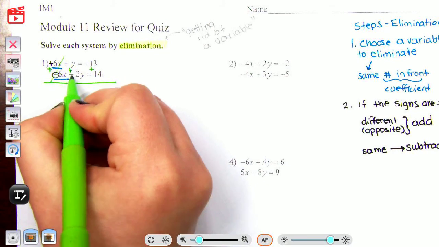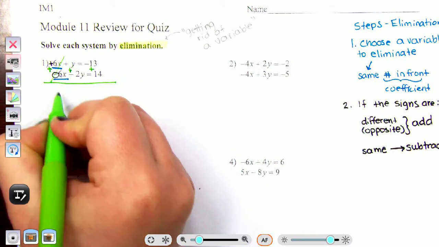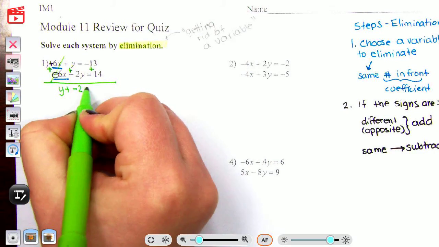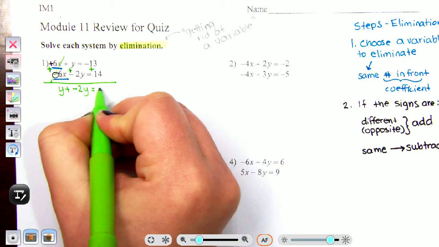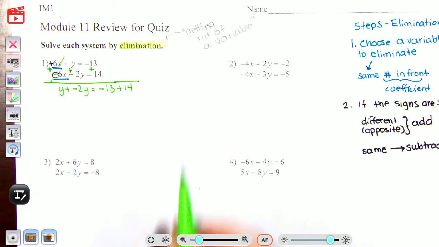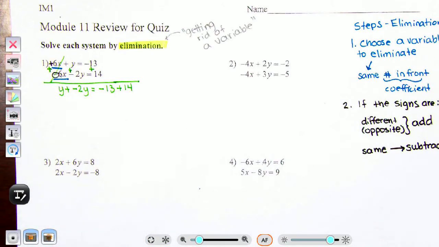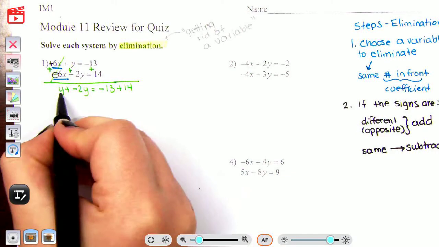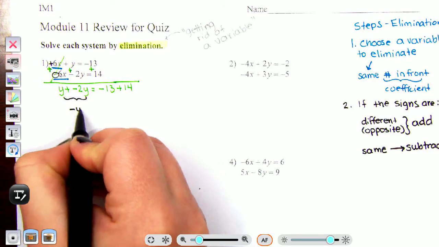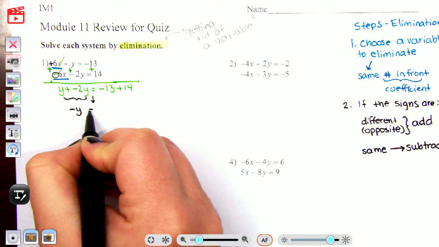Y plus negative 2y, I'm actually going to write that out. Y plus negative 2y. And here I have negative 13 plus 14. When you write it out like this, it's easier to see what you have. So y plus negative 2y, I'm going to simplify that to negative y, bring down the equals.